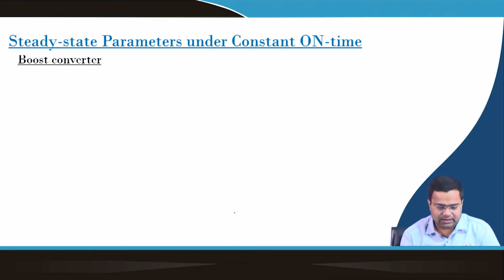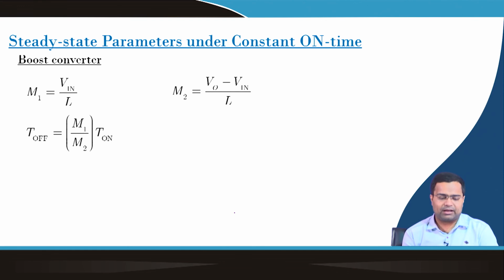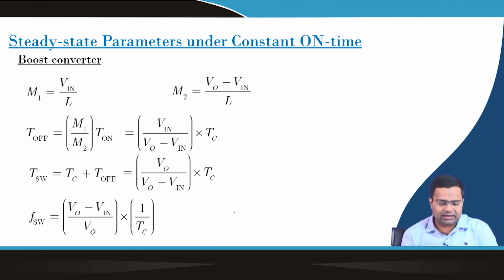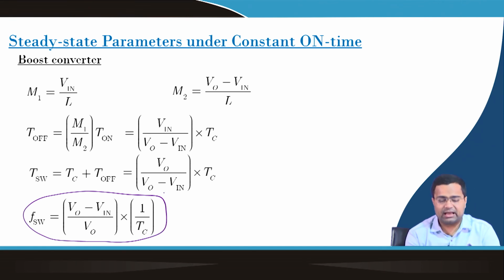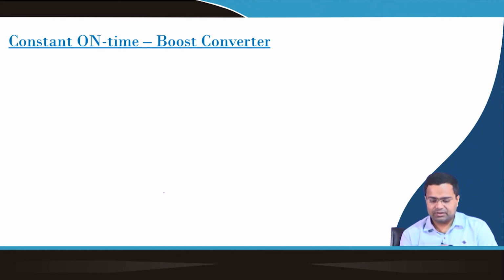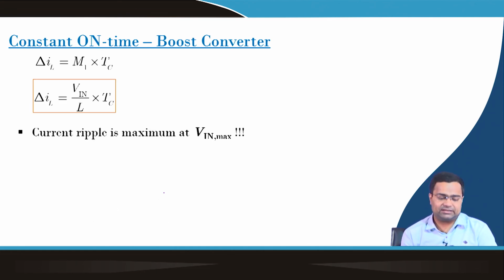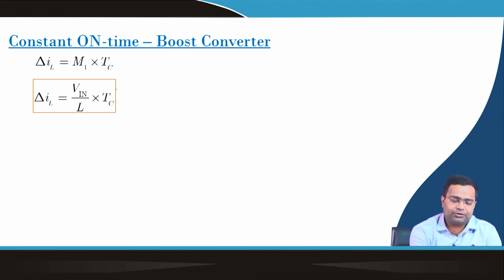In a boost converter, if we derive the on time slope and off time slope, and then derive the switching frequency, it is a function of input and output voltage and the on time. So, switching frequency varies with the input voltage. If we take the boost converter current ripple expression, it can be computed as rising slope times on time.